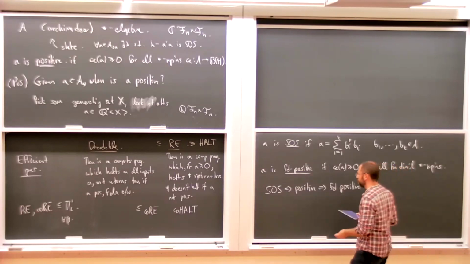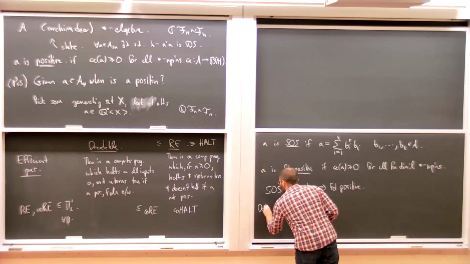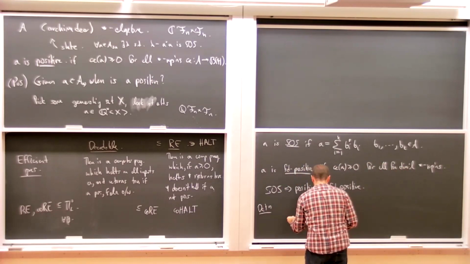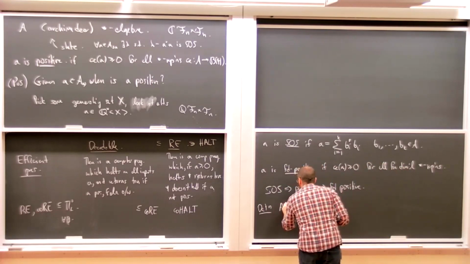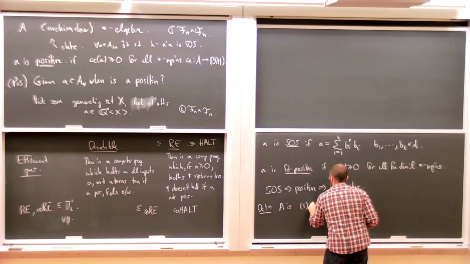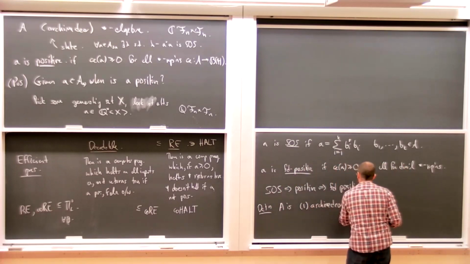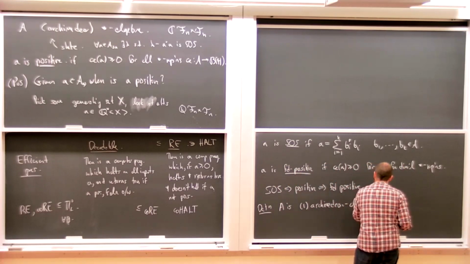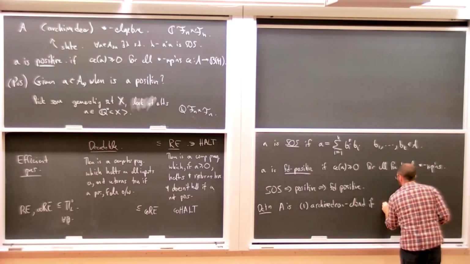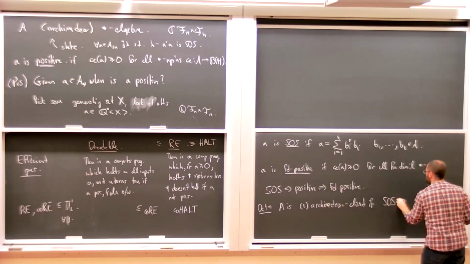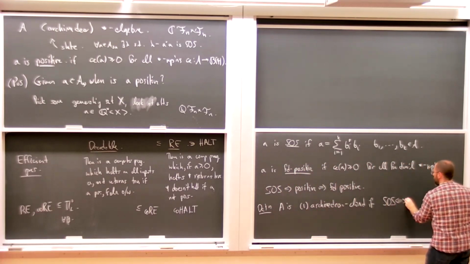Okay, so let's make a definition. Let's say A is Archimedean closed if every positive element has a sum of squares decomposition, so SOS if and only if positive.